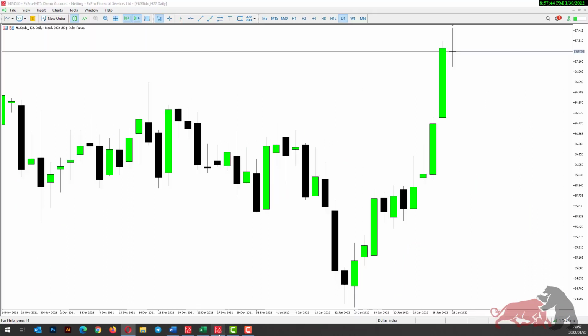So what I'm expecting on the dollar is a bit of a correction to the downside before we see another further push to the upside. Now, when I say to the downside, to which levels should we anticipate dollar to trade to?